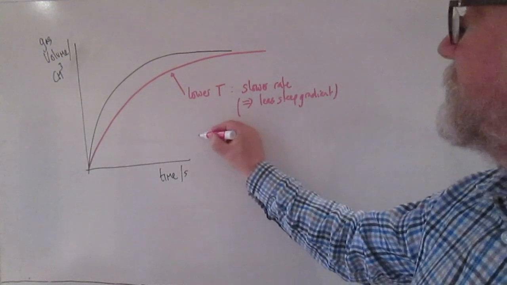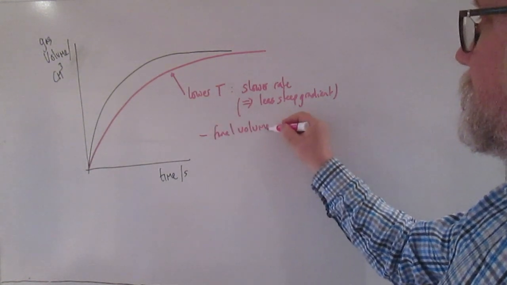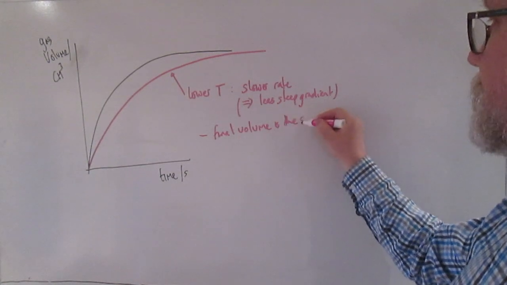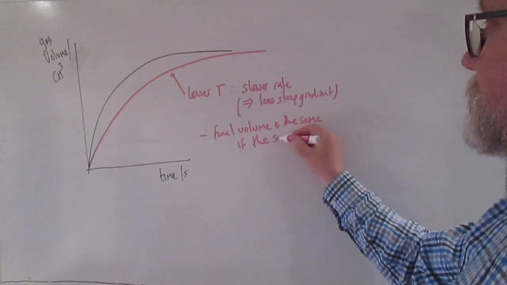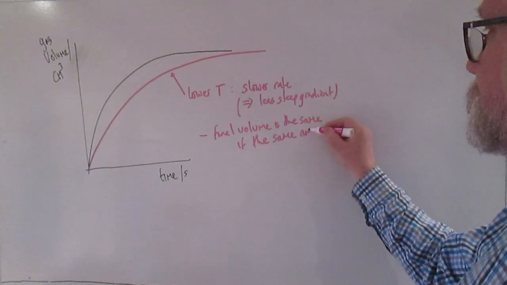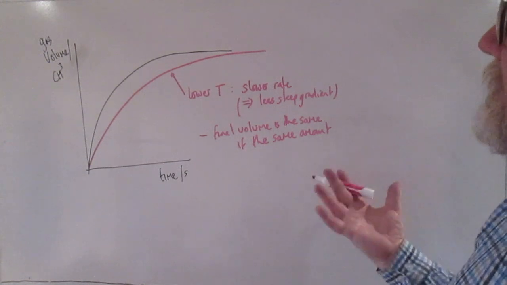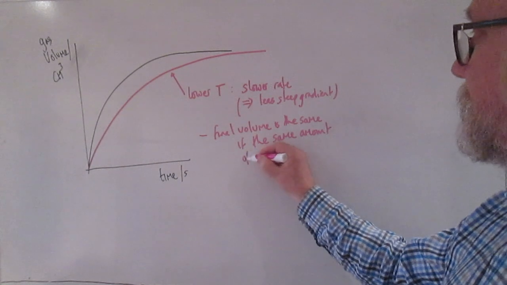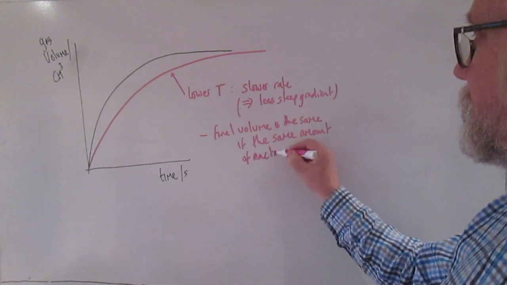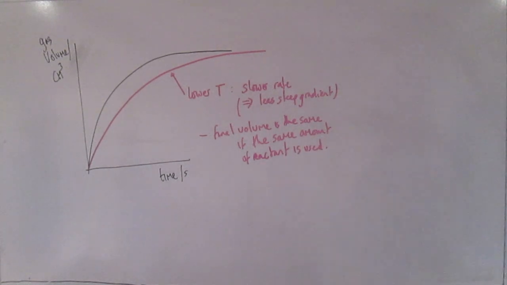But on the other hand, the final volume is the same, if the same amount of reactants are used. And that's important, so you can see what the curve should look like, and you can see why that makes sense. Okay, so that's a first case.